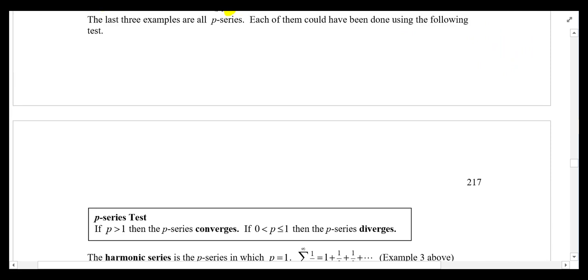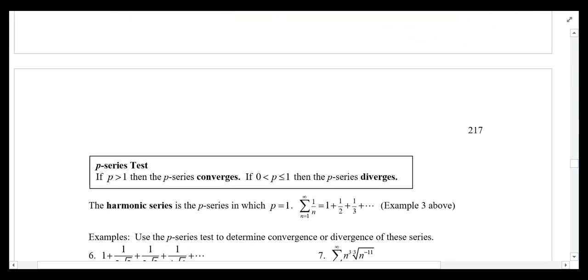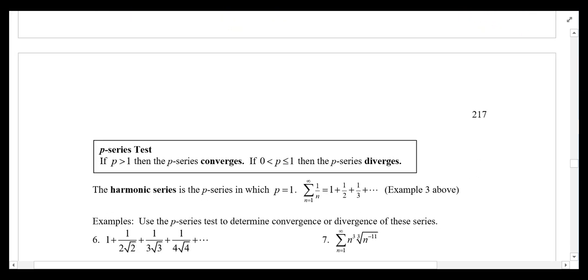What it's saying is if p is bigger than 1, once again, the exponent that's already in the denominator, then the p-series converges, which is exactly what I had for number 5, right? p is equal to 2. Yet the other two, guess what? If p is less than or equal to 1 and bigger than 0, then it diverges. Okay?